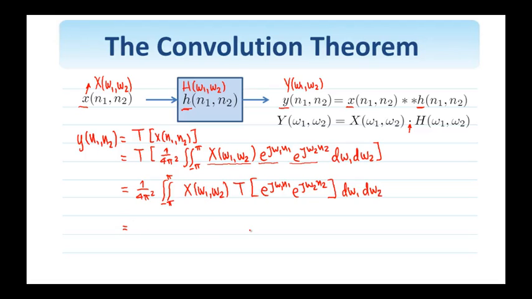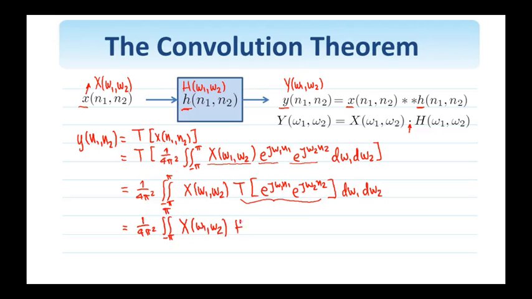Now we have studied the expression, we know that these complex exponentials are eigenfunctions of LSI systems. So they go through these systems unchanged and they're multiplied by the frequency response of the system. So therefore, this expression becomes equal to this one.